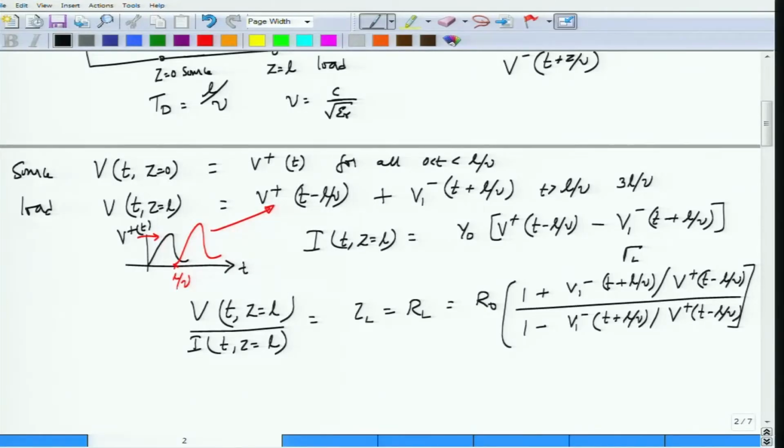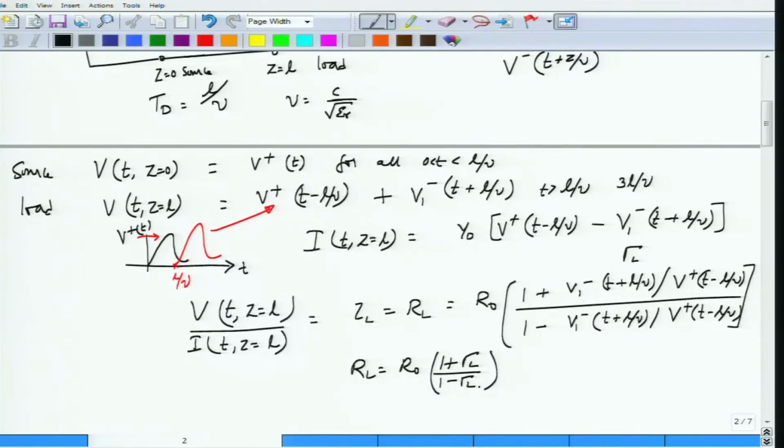As long as this ZL is purely resistive, not just passive, it is purely resistive, then gamma L will be a real quantity, and you can write this expression as ZL, or equal to RL, is equal to R0 into (1 plus gamma L) divided by (1 minus gamma L).